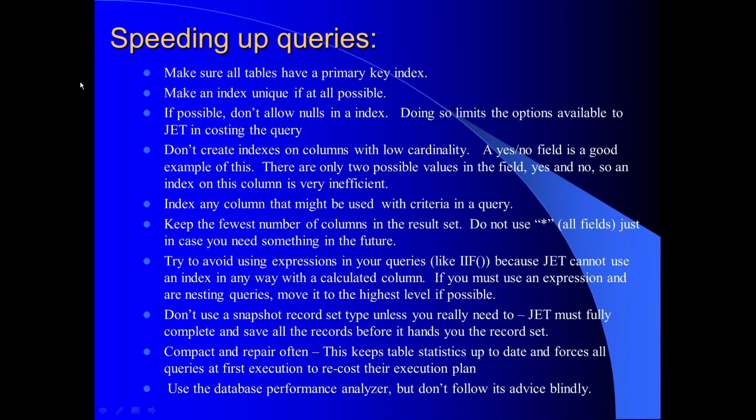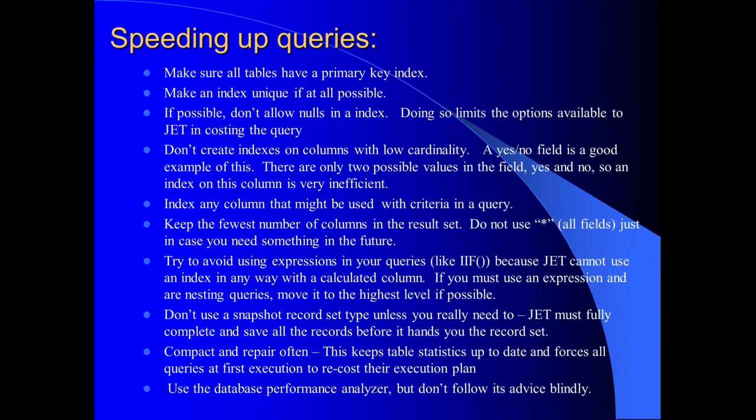Other thing people make a mistake on, keep the fewest number of columns in the result set. Don't use the asterisk for all fields, just in case you need a field in the future. That's really the wrong way to do it. You need to just be specific and grab the ones that you want. Try to avoid using expressions in your queries too.